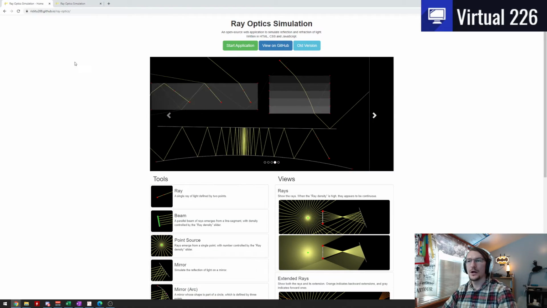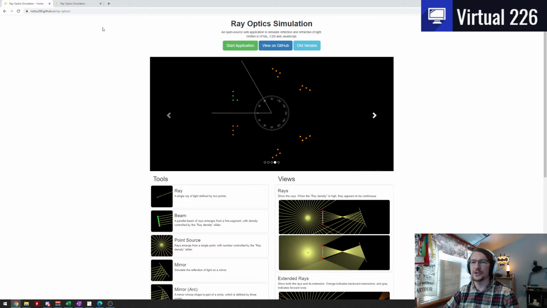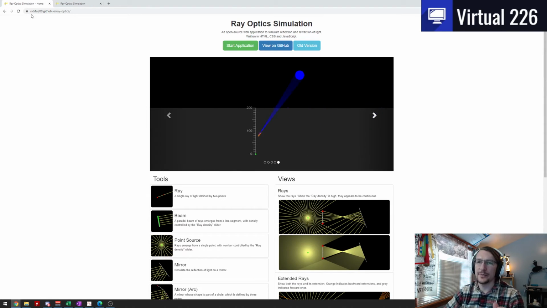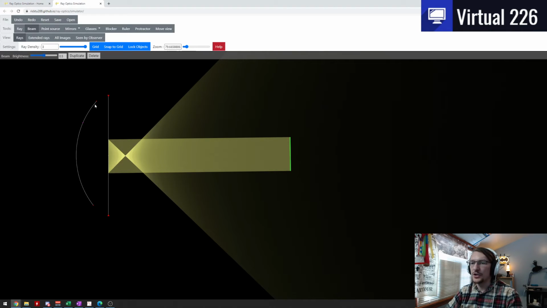Now, if we take a look at something different, we'll be able to really use a little applet here to see just what's going on with these mirrors. Okay, so we're looking at a ray optics simulation, and this is something we found on GitHub. It's by Rick288, but if you start the application, you can actually go in and build ray optics simulations.